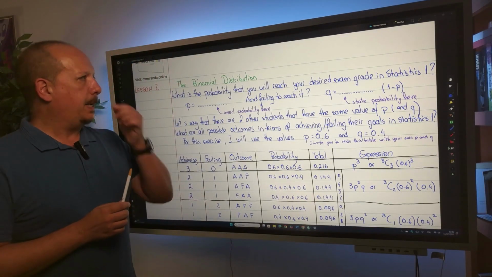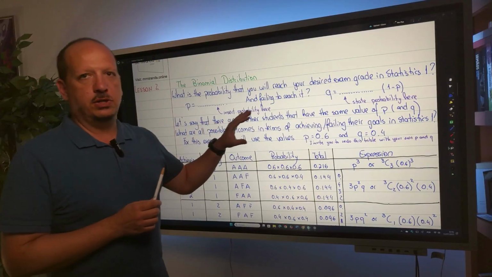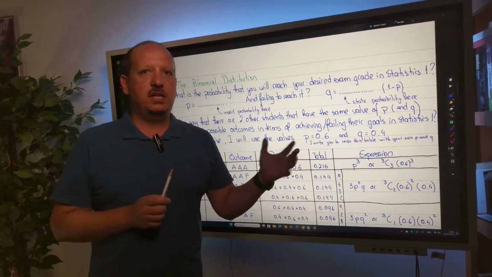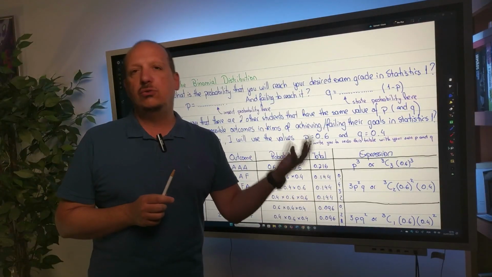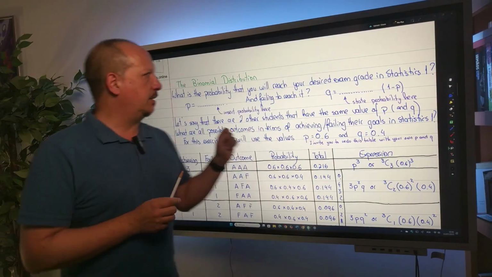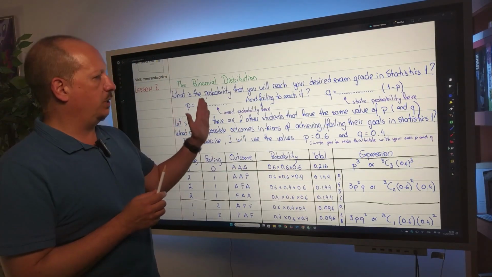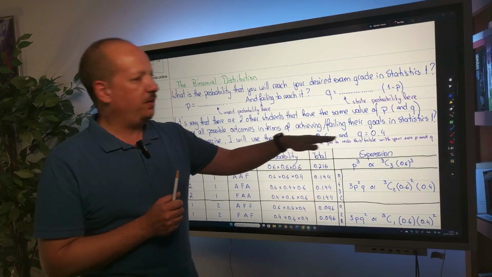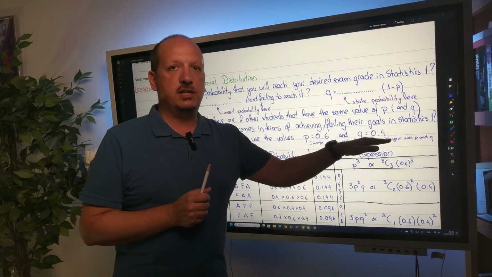Now it's important that you notice that you only have 2 options over here. Either you achieve your goal or you don't achieve your goal, and the probability associated with these 3 students is the same. In this case, 0.6 for achieving and 0.4 for not achieving.